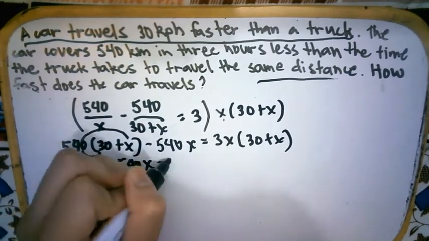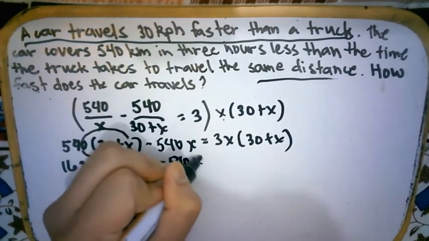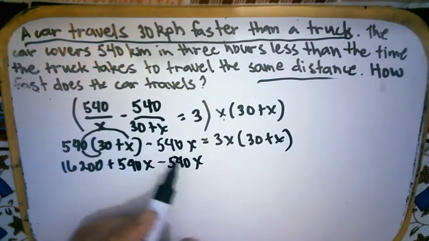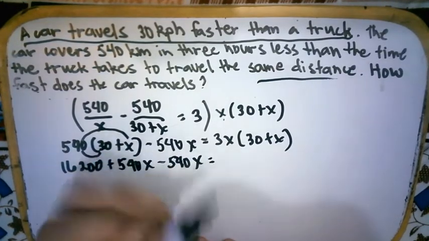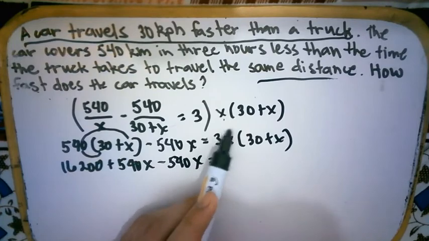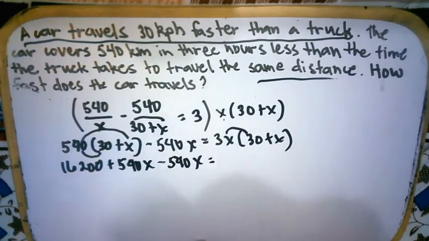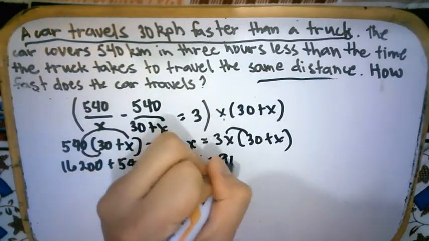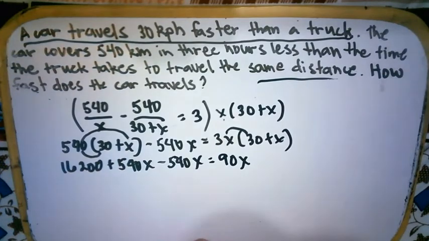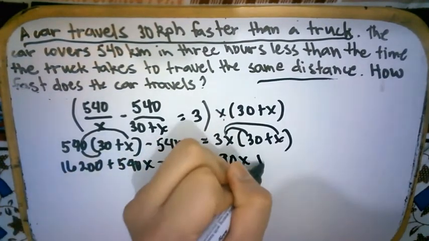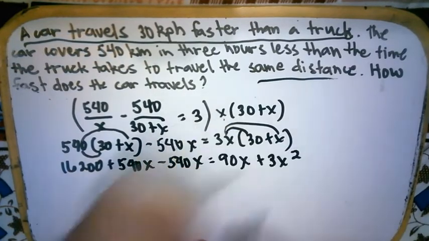Then minus 540x. So wala tayong simplify dyan. And then another distribution. So 3x times 30. That will be 90x. And then 3x times x. So it will be 3x squared.